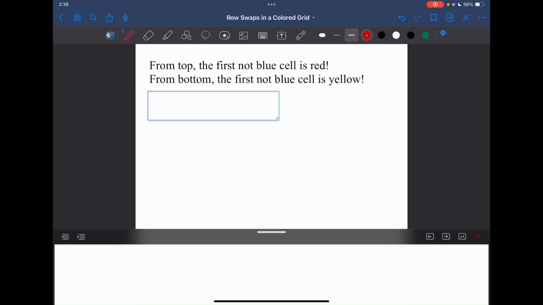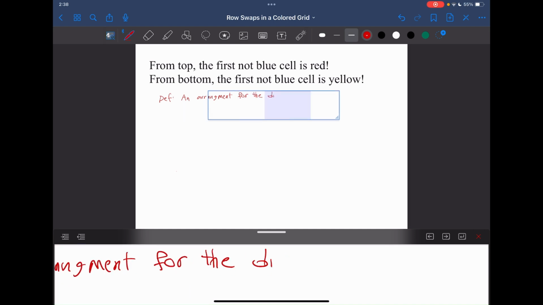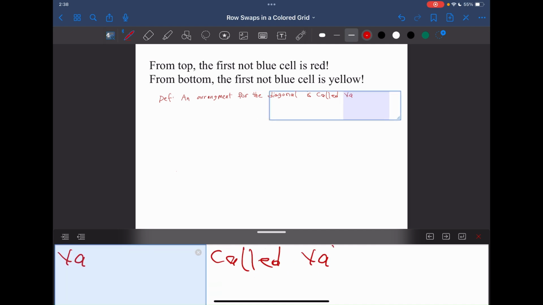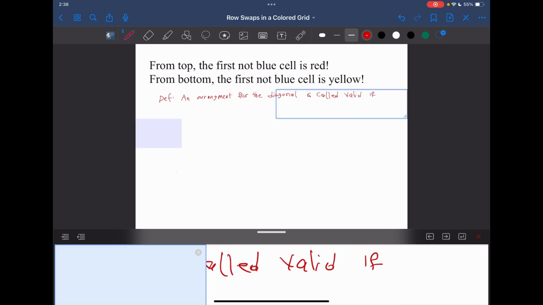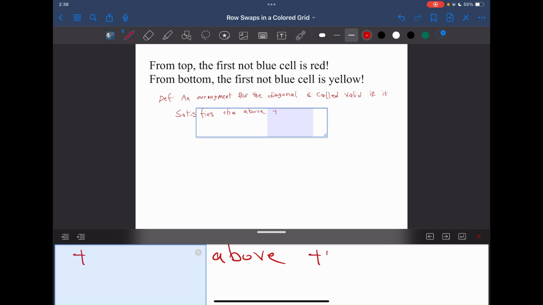So let me just call the definition: an arrangement for the diagonal is called valid if it satisfies the above two conditions.